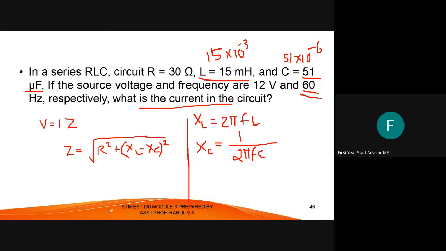XL-ൽ കിട്ടി ആർക്കെങ്കിലും? 2πfL, 2 × π × 60 × 15 മില്ലി ഹെൻറി. ആർക്കെങ്കിലും XL-ൽ കിട്ടിയോ?